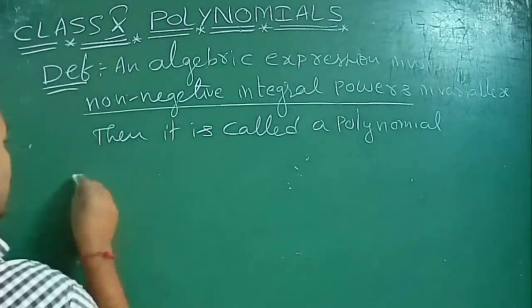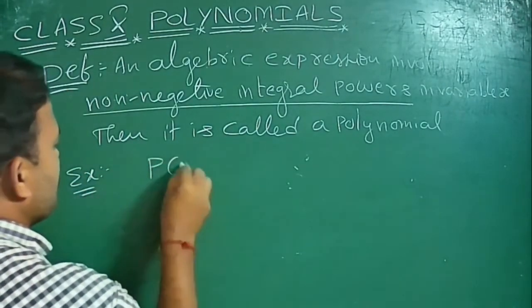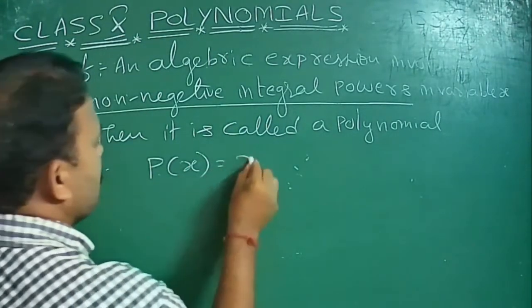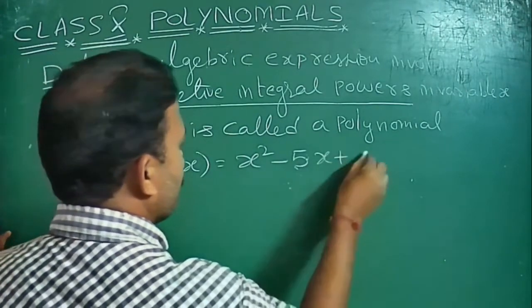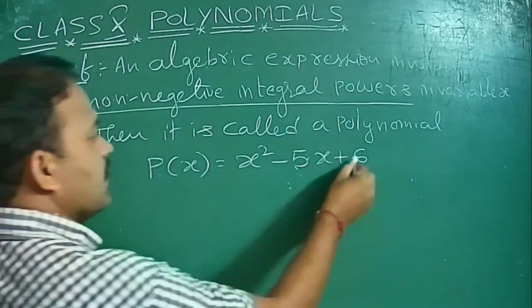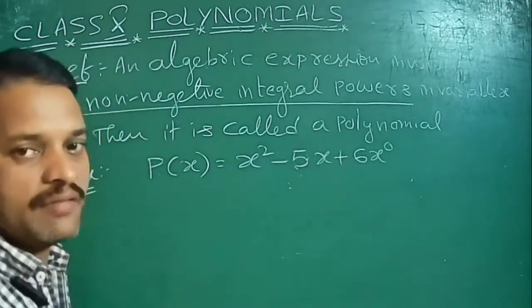For example, p of x is denoted by the polynomial, suppose x square minus 5x plus 6. Once you observe this polynomial, the constant means x power of 0 is there, and x power of 0 has value 1 only.